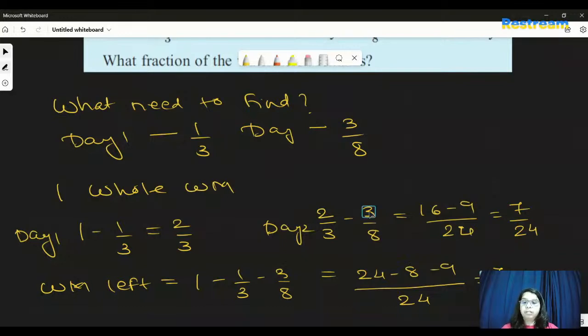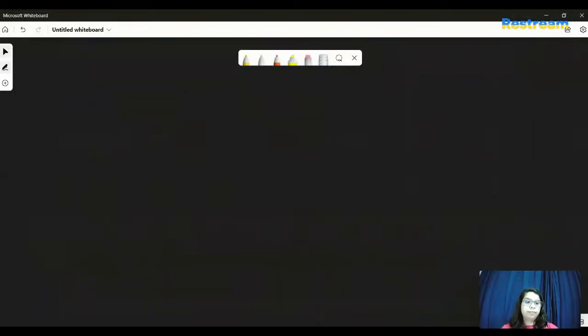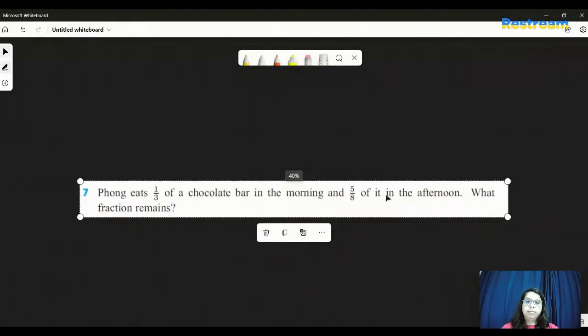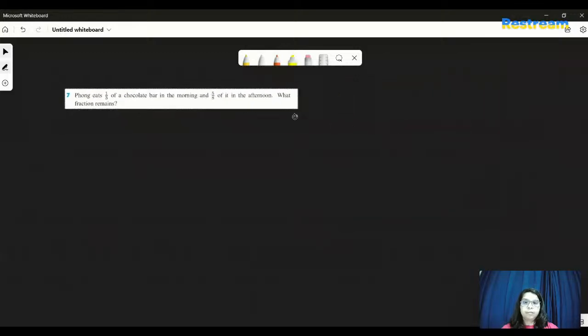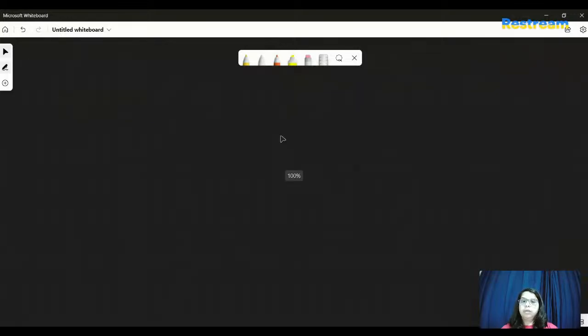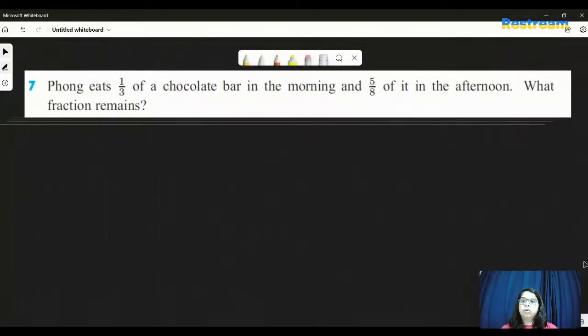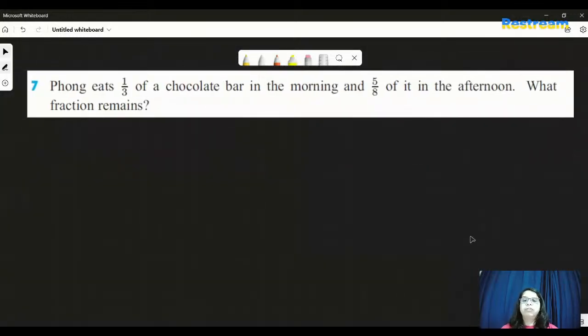Very good idea, right? So this is your question. Fong eats one third of a chocolate bar in the morning and 5/8 of the chocolate bar in the afternoon. What is the fraction that remains?